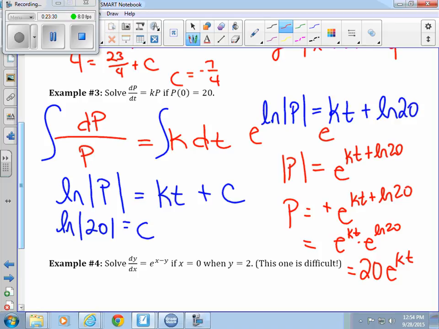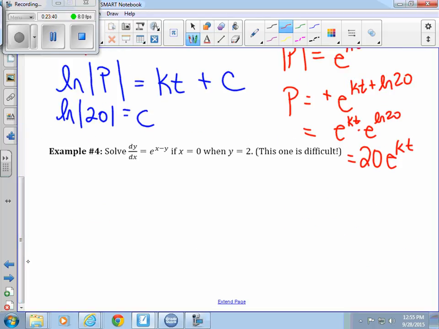We'll do word problems with this later, a couple days from now. So for now, this is the first time we saw it. We'll spend a little more time specifically on exponential differential equations. Okay. Probably the last one for the day.